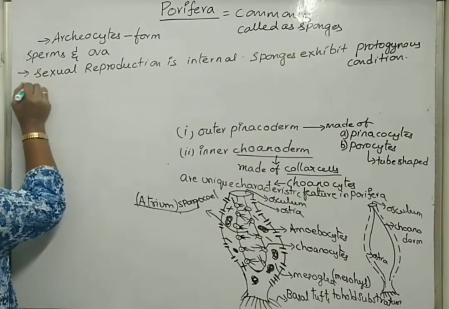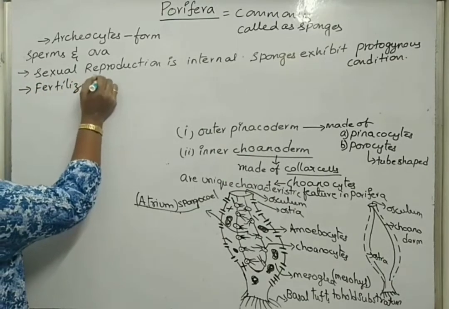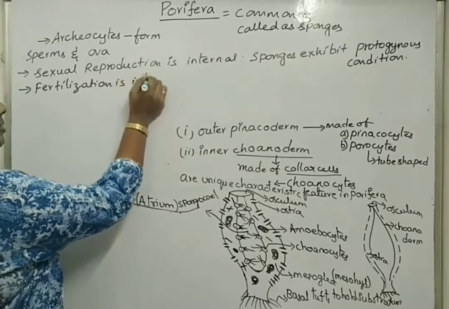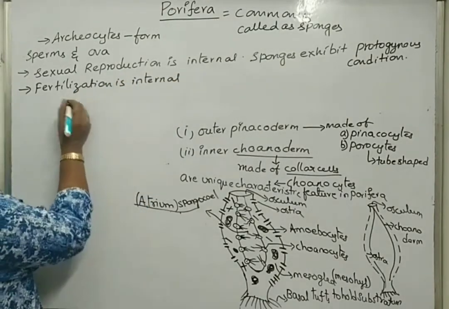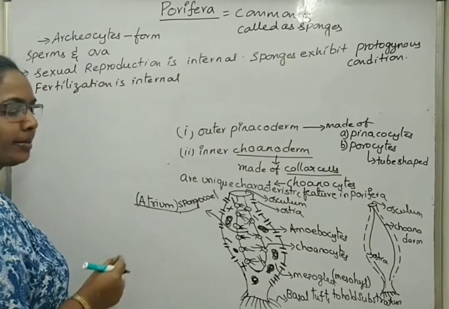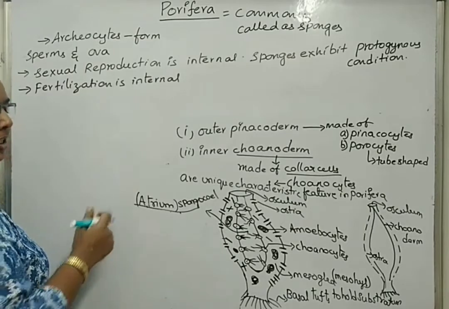Next, fertilization is internal. The male and female gametes between two sponges are exchanged so that there will be cross fertilization.